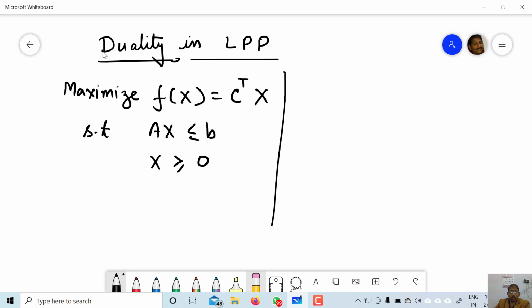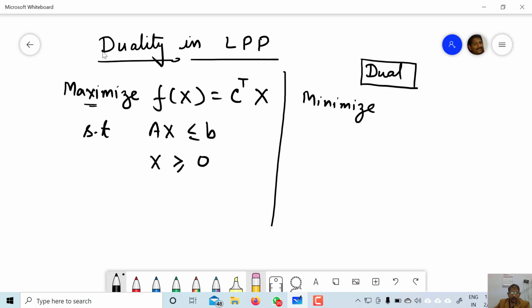What is the dual of this problem? In this case, in the place of maximize, we write minimize. Everything will be reversed. What are we going to minimize?